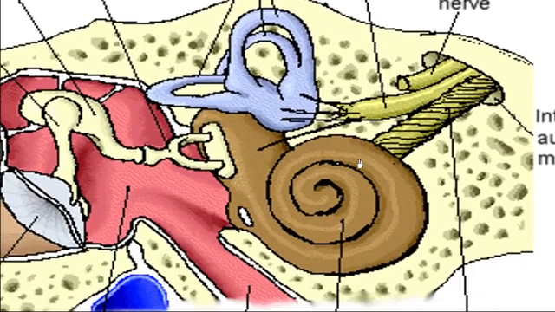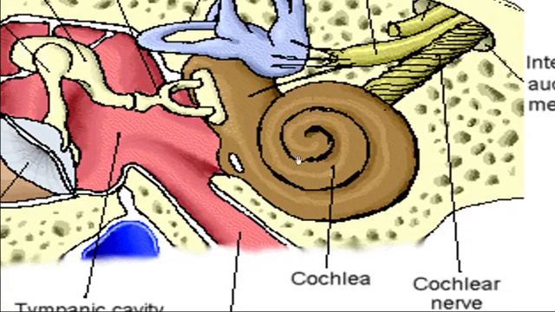Here is the cochlea. The cochlea, like a snake structure, is the region where the sound is interpreted, where what is sent to the brain is interpreted as what we hear.